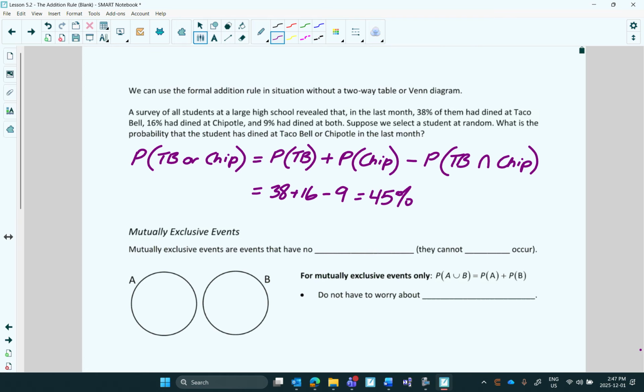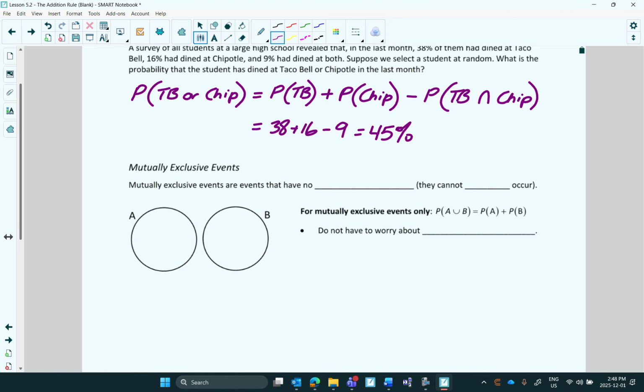And one last thing is a modified formula when the two events are mutually exclusive. That means they cannot occur together. So they cannot both occur, they have no intersection if we draw them using a Venn diagram.